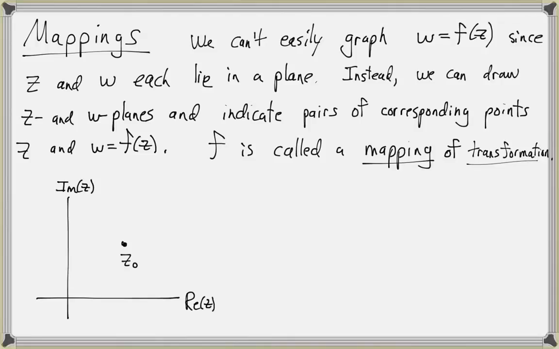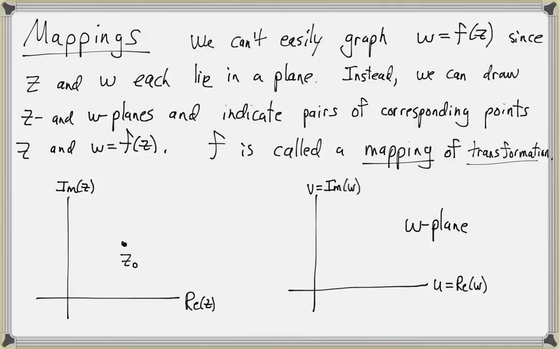As an example of how we visualize complex valued mappings, we take points in the z-plane and look at their corresponding image in the w-plane. So we have the u axis, the real part of w, and the v axis, which is the imaginary part of w.